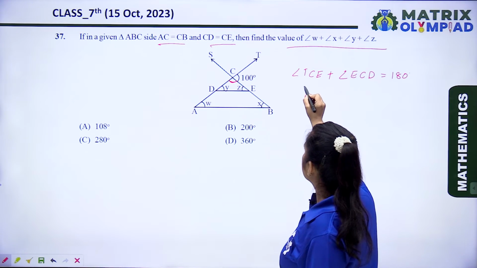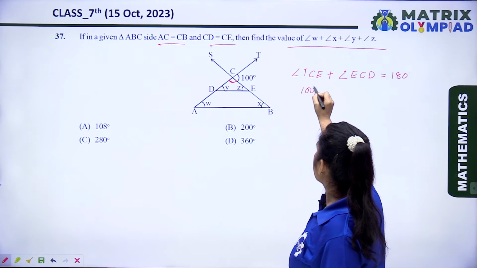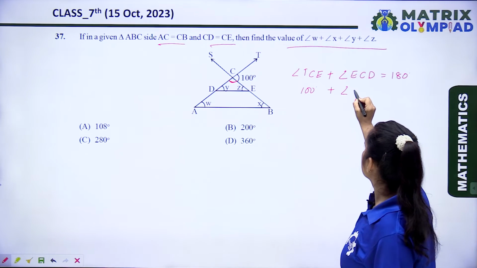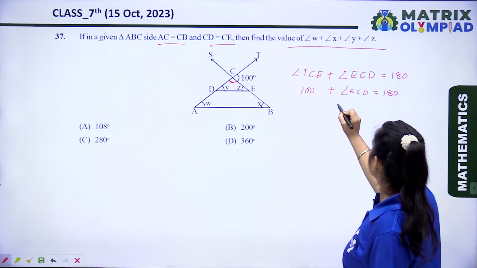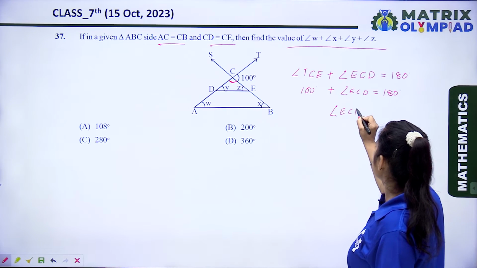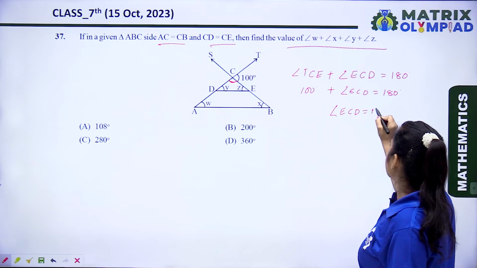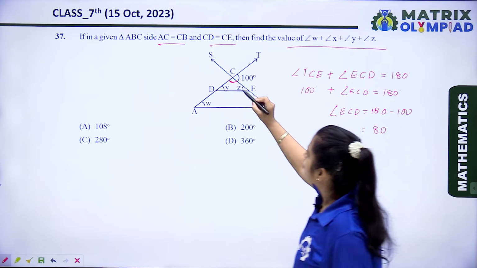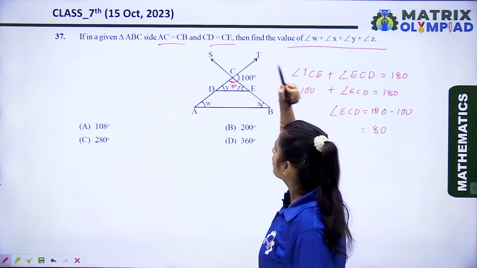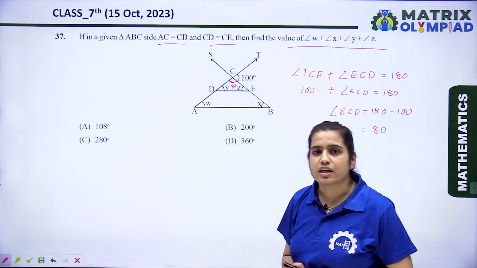Now, here TCE is 100 degree plus ECD is equal to 180 degree. So angle ECD is equal to 180 minus 100. So it becomes 80. So here angle C is 80 degree.